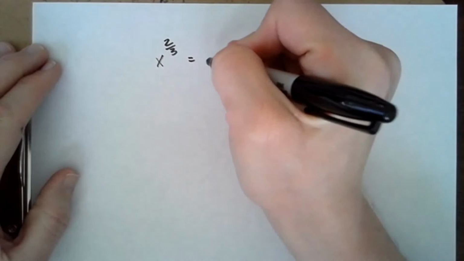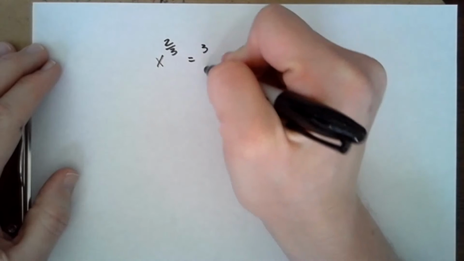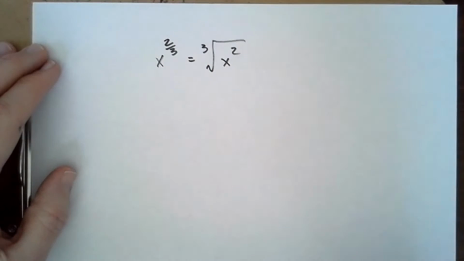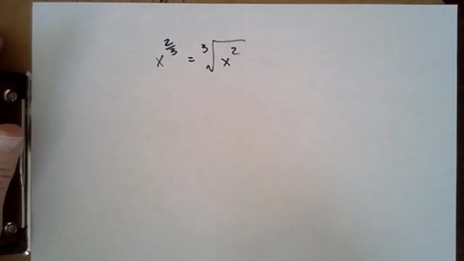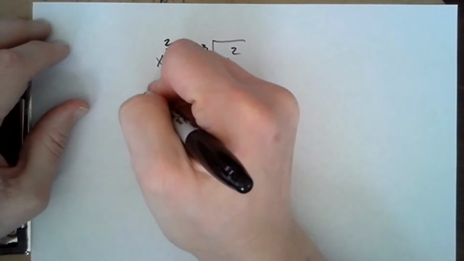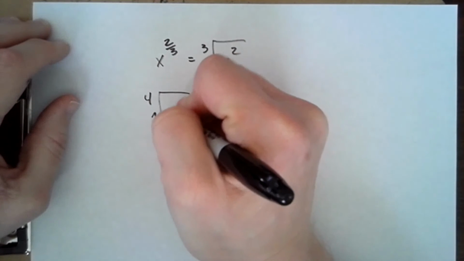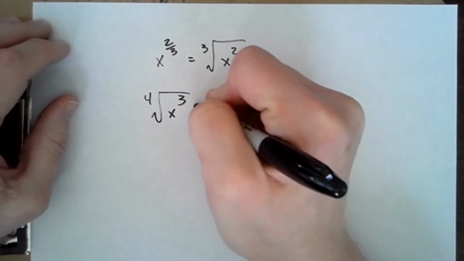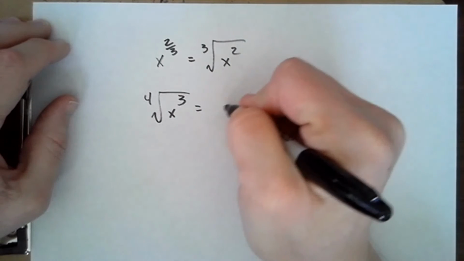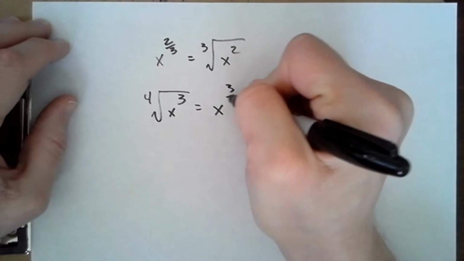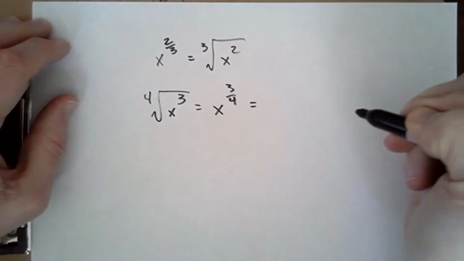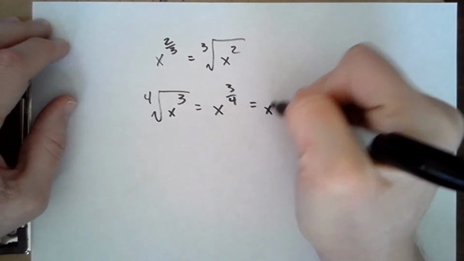But that's saying that we're going to take the cube root of x squared, and there is our radical form. Likewise, if we take the 4th root of x cubed, that's the same as x to the 3/4, or x, if we prefer, to the 0.75 power.